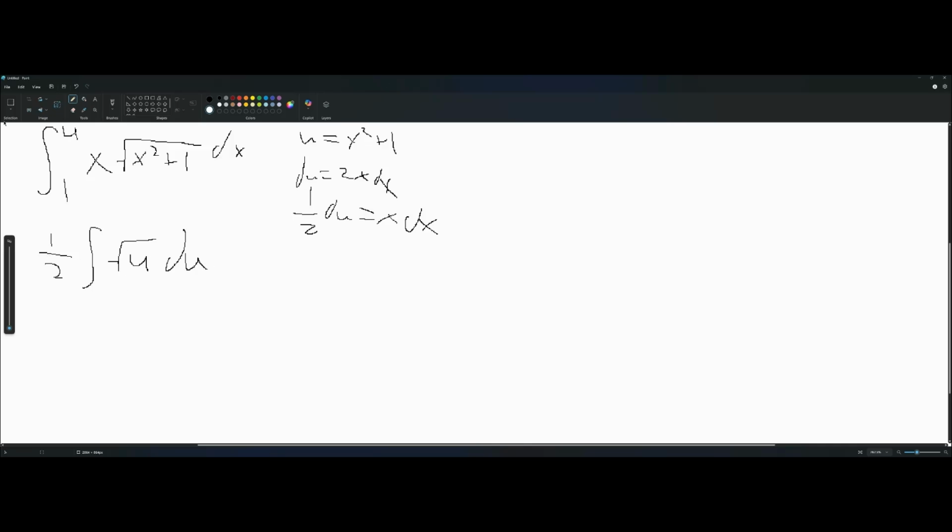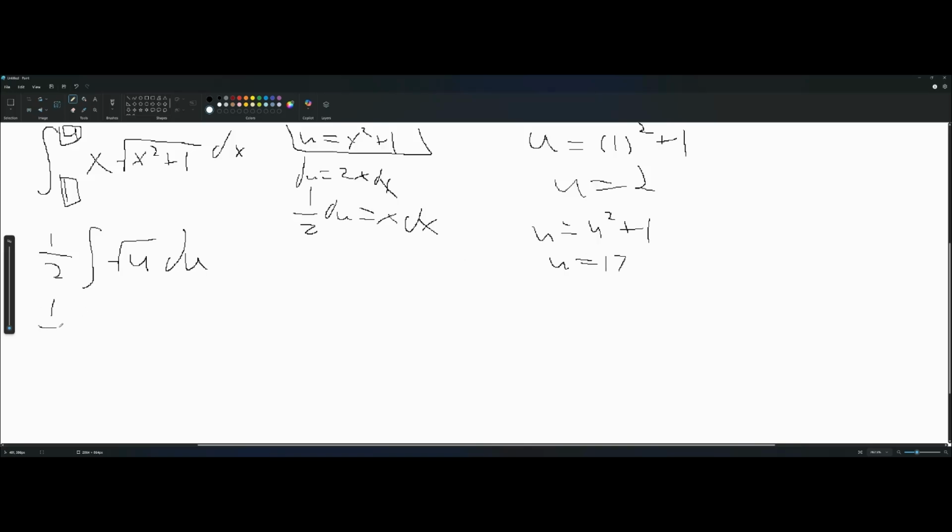So what we do is plug our bounds into the substitution we made. When x is equal to 1, we see that u is equal to 2. And when x is equal to 4, we see that u is equal to 17.